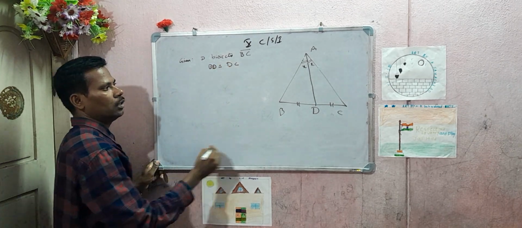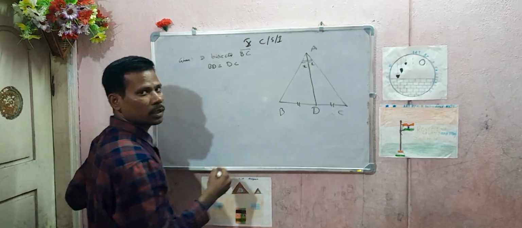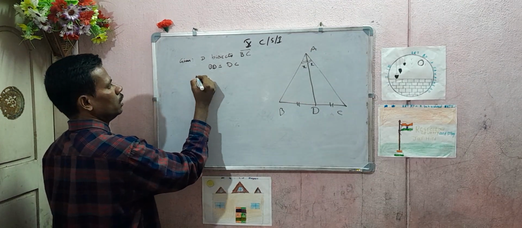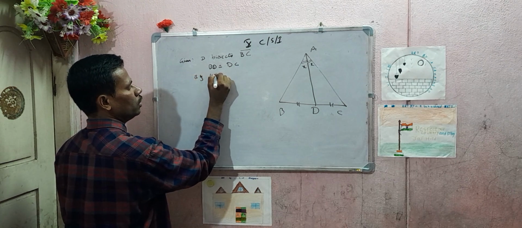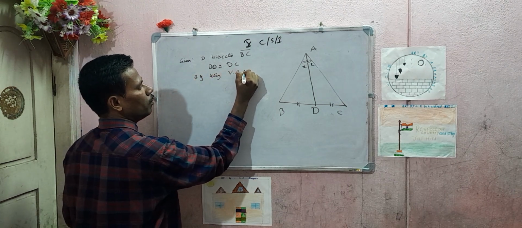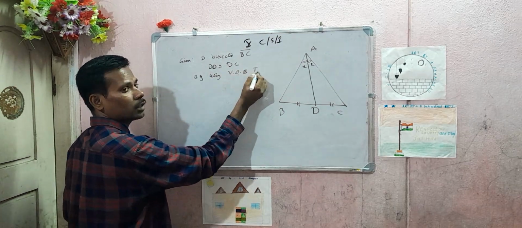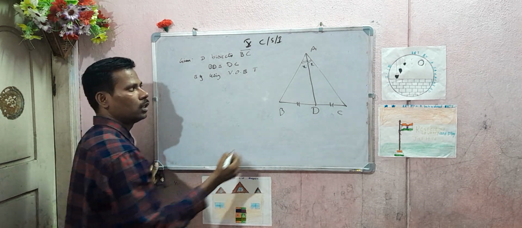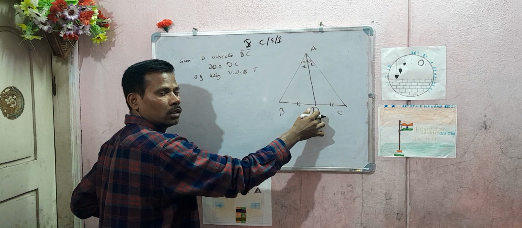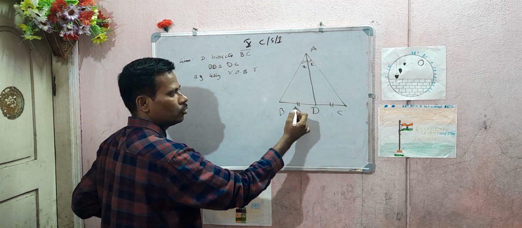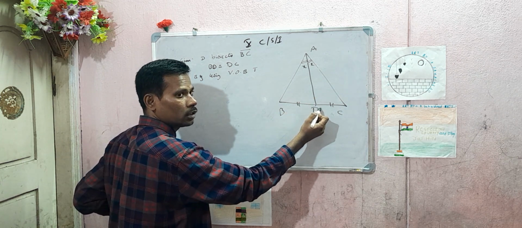Next, use vertical angle bisector theorem. Vertical angle bisector theorem, what does it say? The bisector of the vertical angle divides the base in the ratio of the other two sides. This is the base.